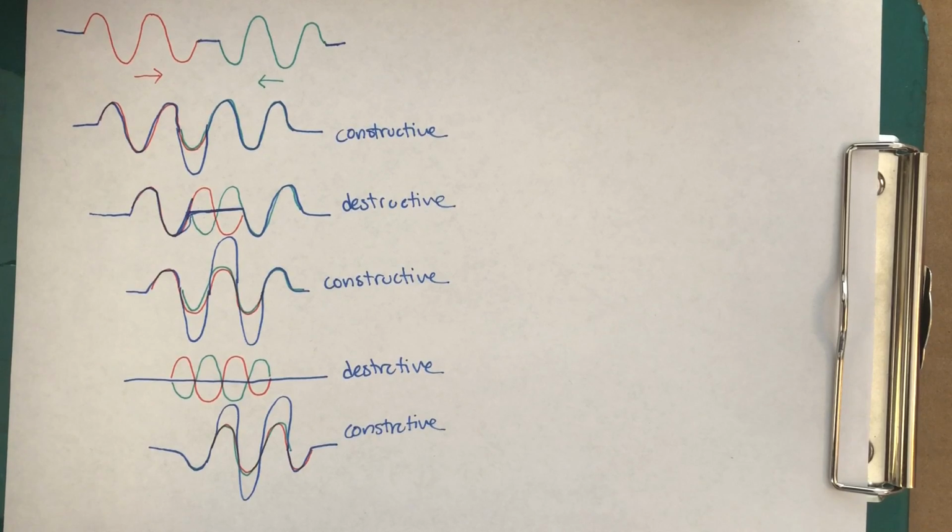An easy way to get this to happen is to set up a certain width where the waves get reflected back and forth along that width. So you can see that happening with the slinky.